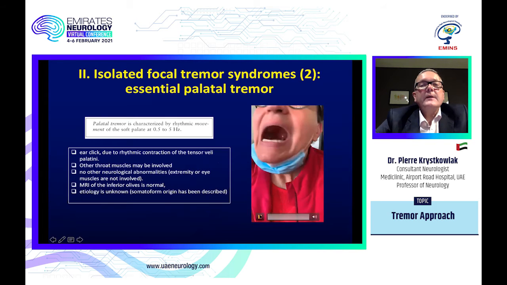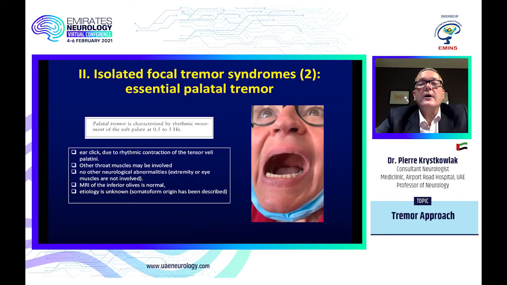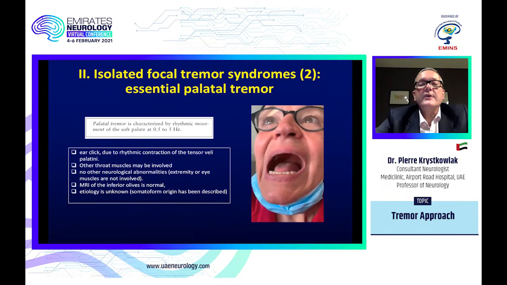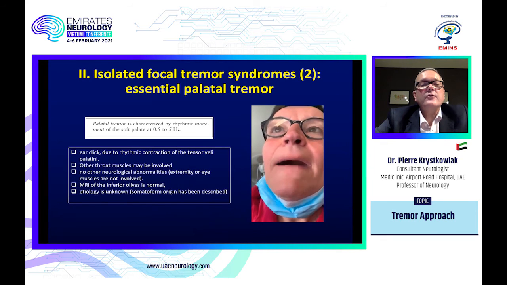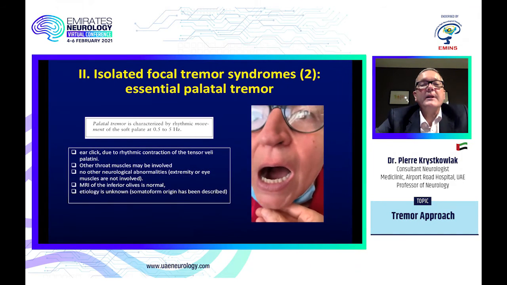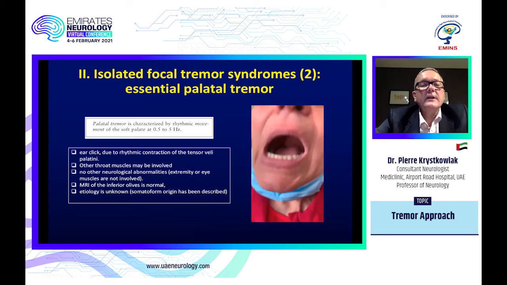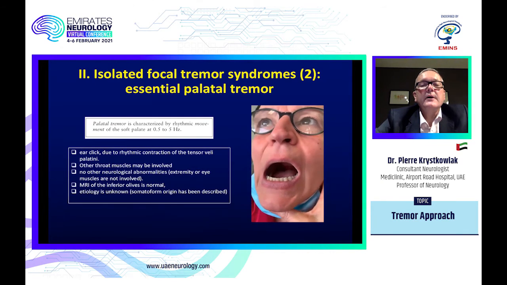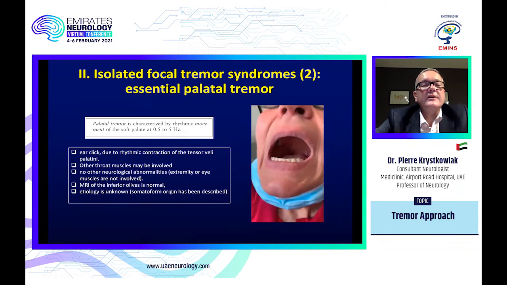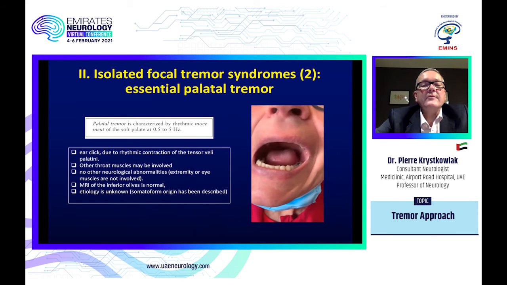In isolated focal tremor syndromes, you also find a second entity, which is essential palatal tremor, characterized by rhythmic movement of the soft palate at 0.5 to 5 hertz. There is an ear click most of the time, due to rhythmic contraction of the tensor veli palatini. Other throat muscles can also be involved.